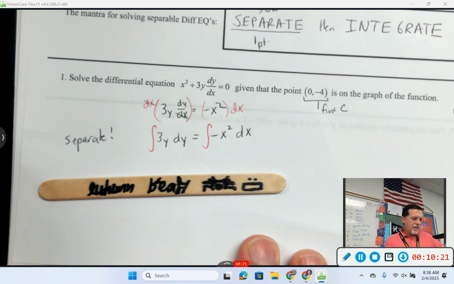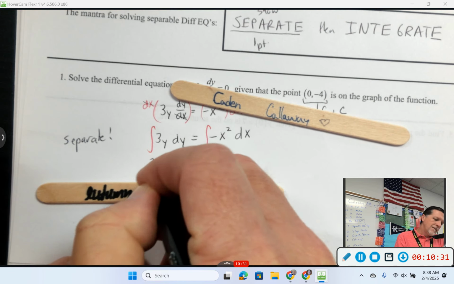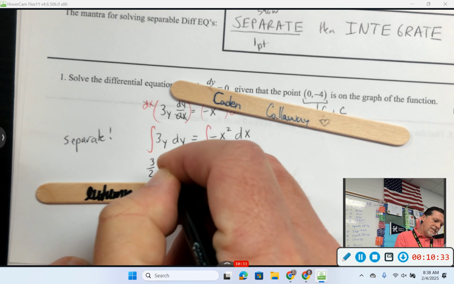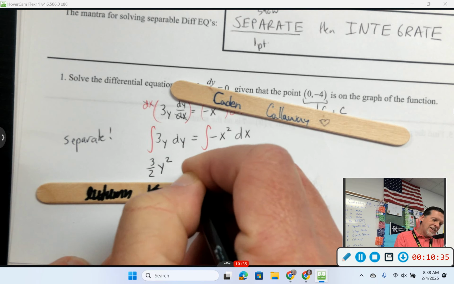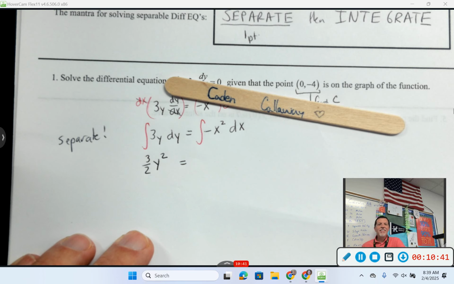Autumn, how about the antiderivative of 3y? Yes, y squared. So increase the power, divide by the new power, 3/2 y squared.